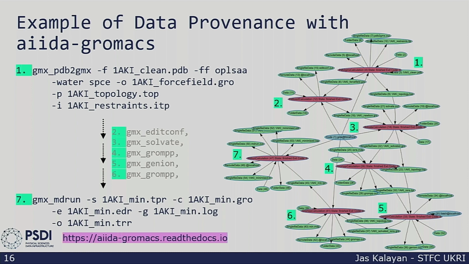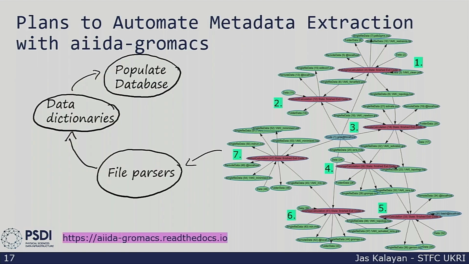And if you use AiiDA-GROMACS to track that provenance, we know what the inputs and outputs for each of those commands are, so we'll be able to parse those inputs and outputs as well. The plans are to automate the extraction of metadata with file parsers so that we can create data dictionaries and populate databases for people to then easily be able to search the metadata for how a simulation was performed.